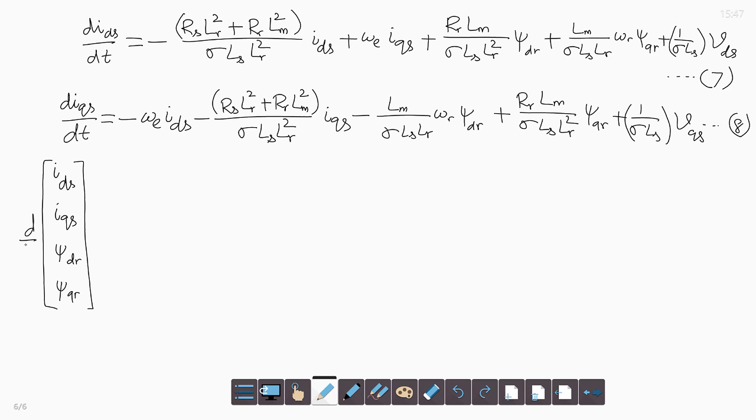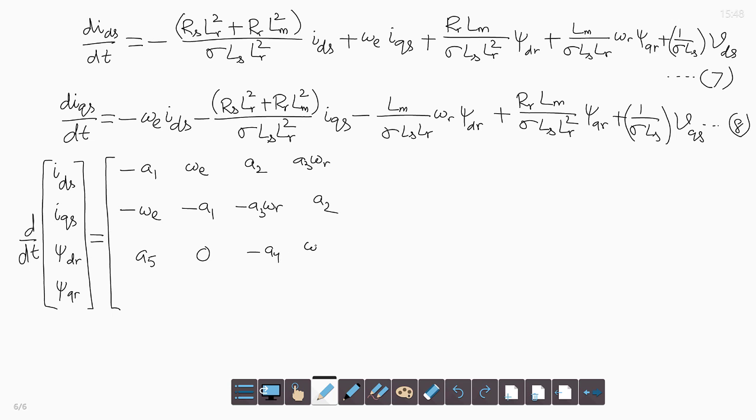So, x dot, d by dt of this, equals the system matrix: minus A1, omega e, A2, and A3 omega r; then minus omega e, minus A1, minus A3 omega r and A2; A5, 0, minus A4, omega e minus omega r; 0, A5, omega e minus omega r, minus A4.